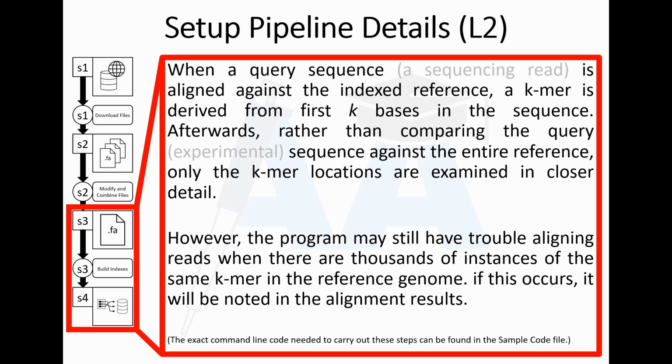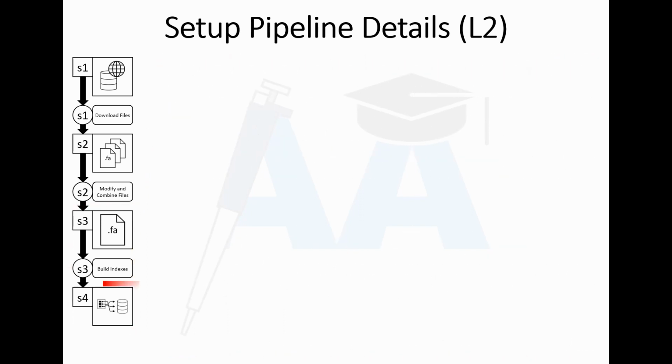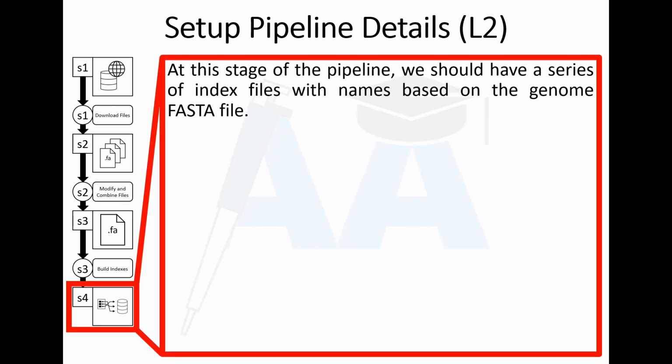If this occurs, it will be noted in the alignment results. Once the indexing is complete, we would have a series of index files with names based on the genome FASTA file. Collectively, these files comprise the index against which the alignment happens.